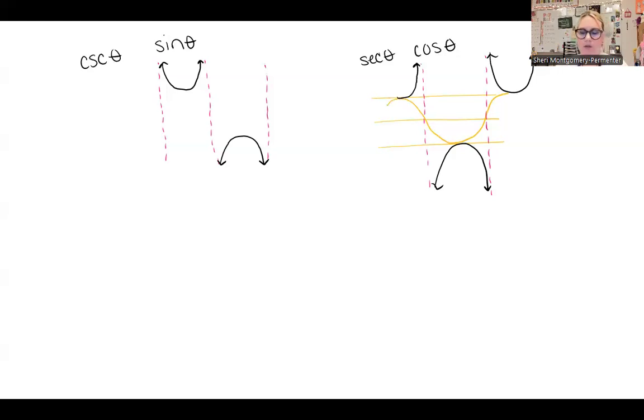To graph your examples, let's see. You've got y equals 4 tangent.